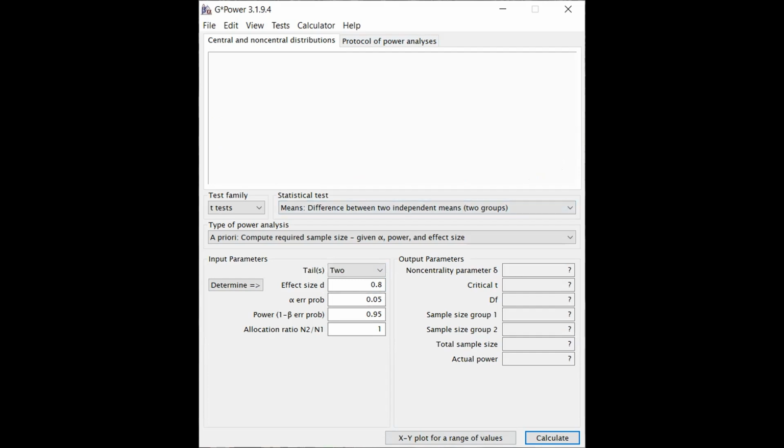Now let's say I want to do something a little more simple to calculate my sample size. There's free ones online, which is mentioned in your discussion and your lecture.